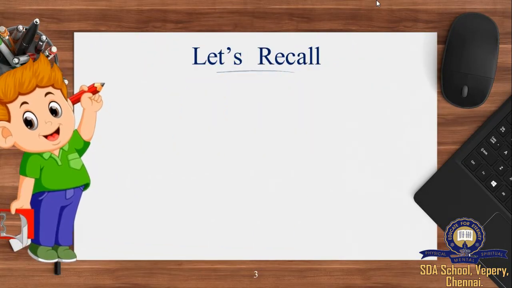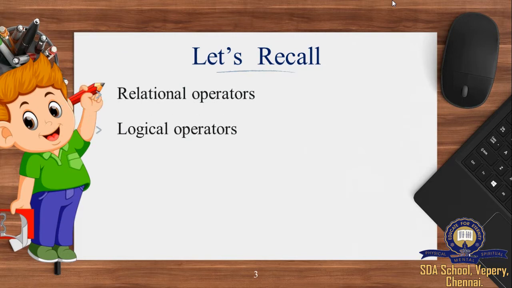Let us recall the topics we discussed in the last class. First, relational operators, a comparison between two operands. Second, logical operators, also a comparison between two operands, which results in true or false with multiple conditions.